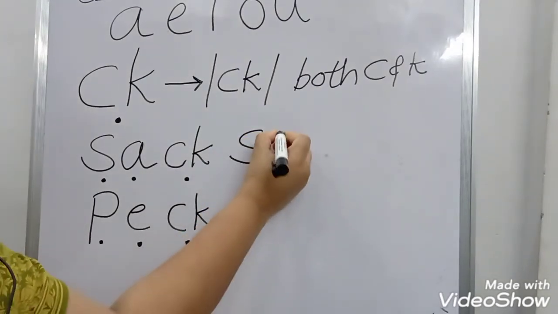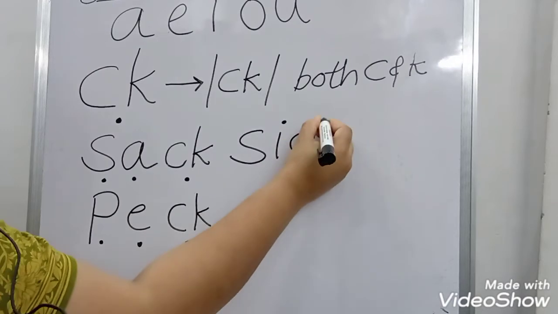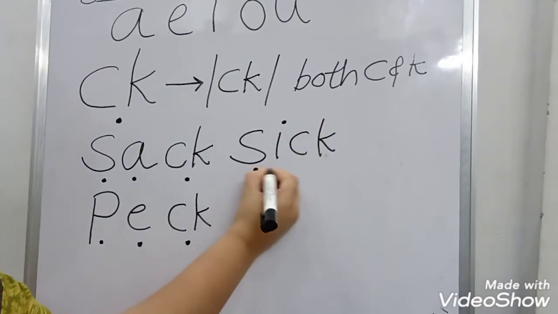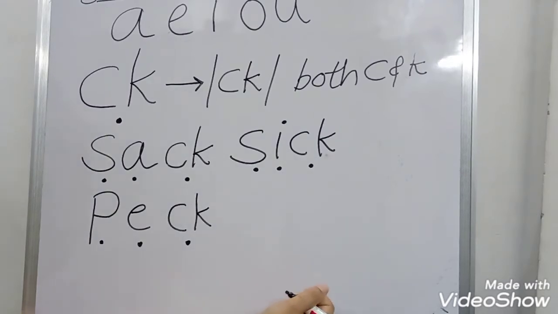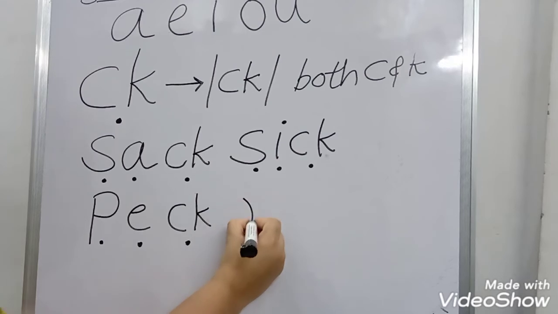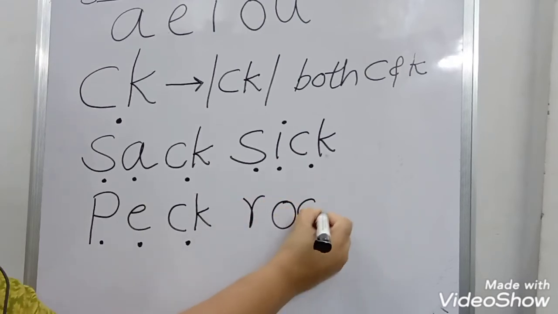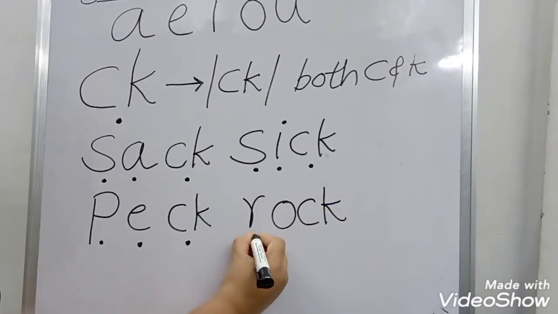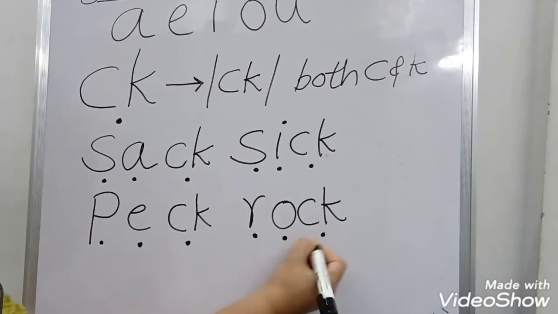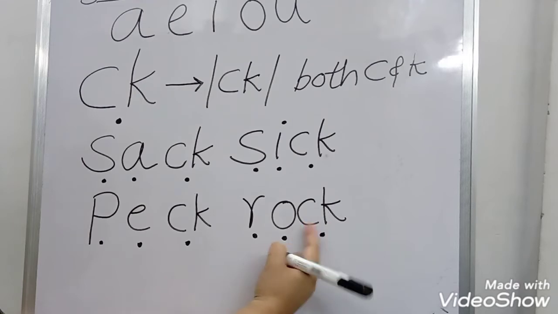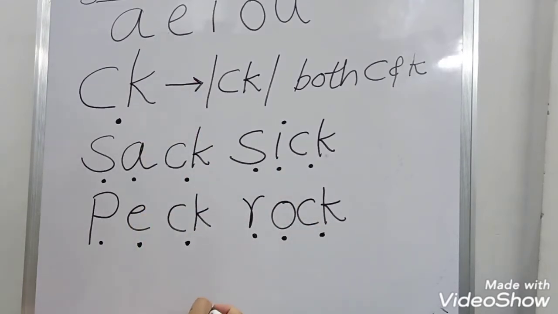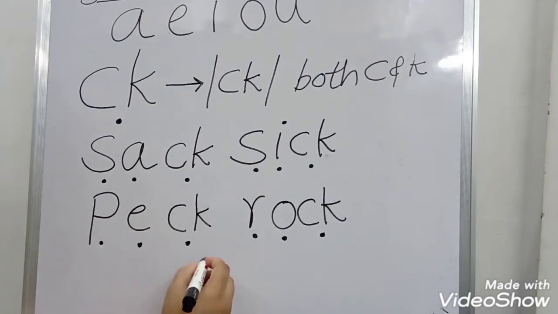Sick, I, K, sick: a vowel followed by a K sound, so we have to write both C and K. Rock, R, O, K: a vowel followed by K sound, so we have to write both C and K. And the last one is U. For U, I'll take duck.